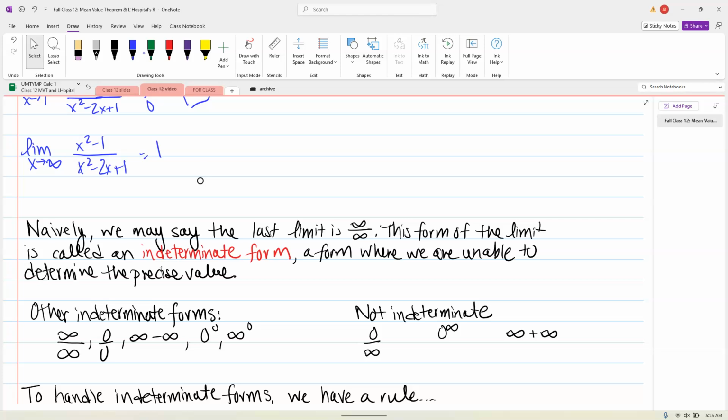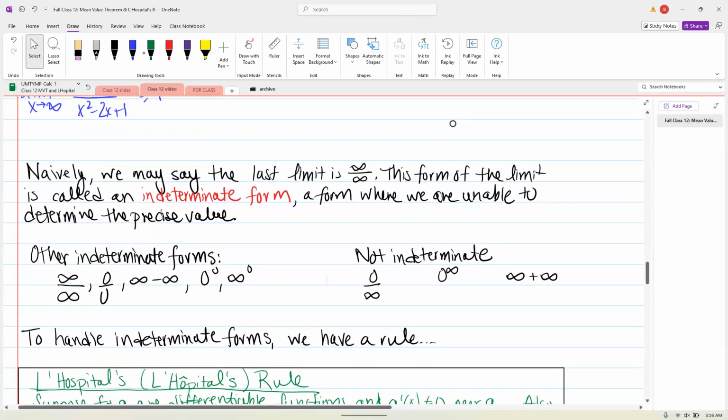Some things that are not indeterminate: 0 over infinity, right? 0 divided by anything is always 0. 0 to infinite powers, right? 0 multiplied together however many times is going to be 0. Infinity plus infinity, well, you add two very large things together, you get something that is also very, very large. So those are not indeterminate.